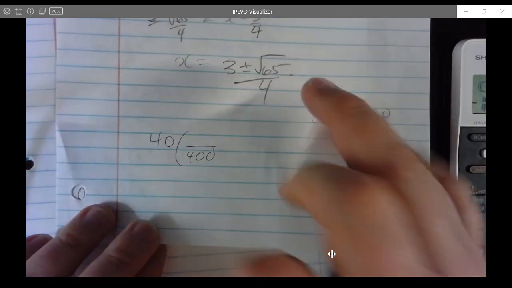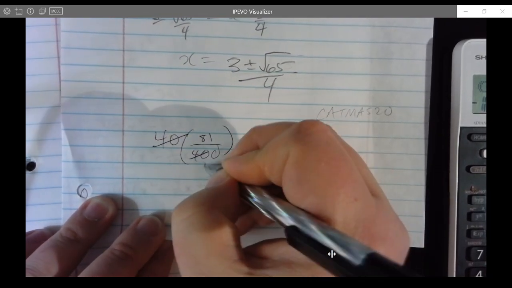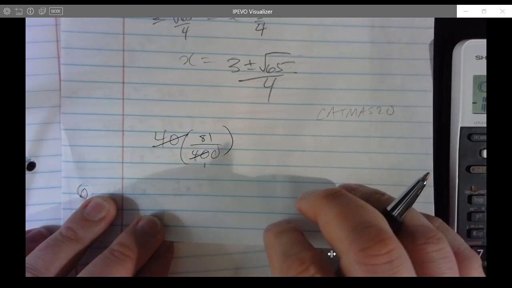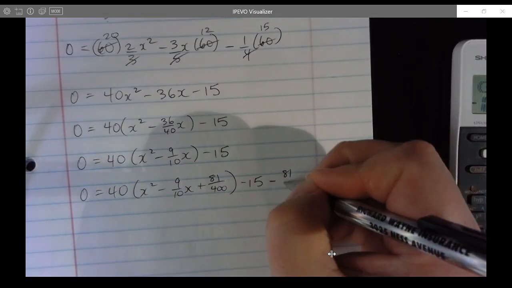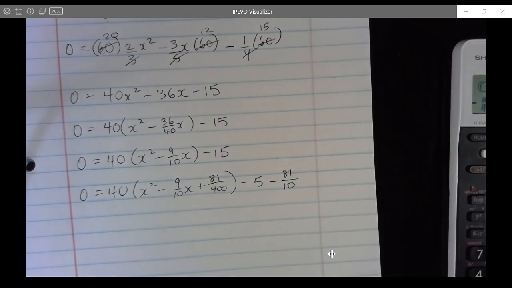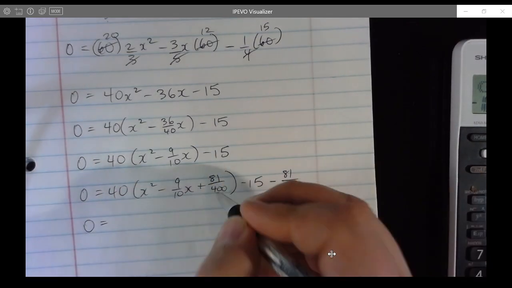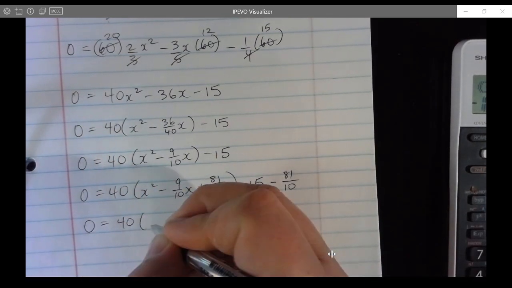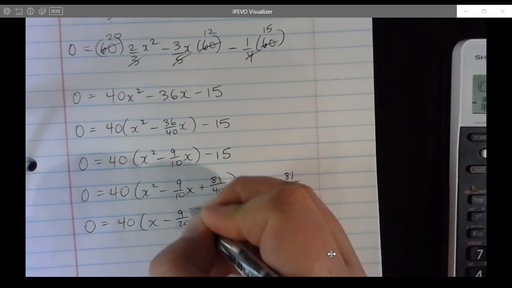If you have 40/400 like that, well, think about it. 40 goes into this just basically once, so it's actually 81/10. So I'm subtracting 81/10. All right. Now, let's do the step where we turn that into a perfect square, or a square of a binomial. It's a minus, and that is 9/20 squared.